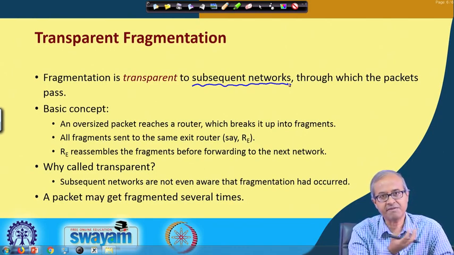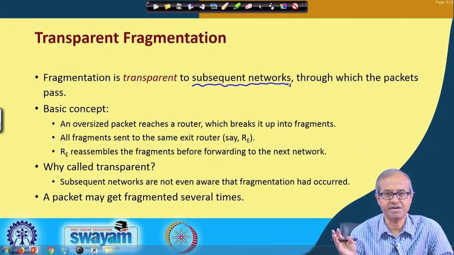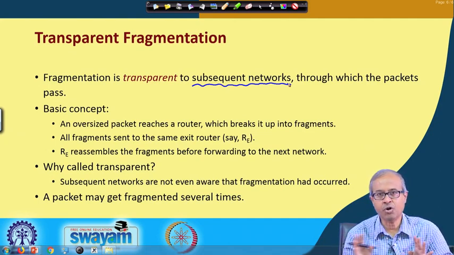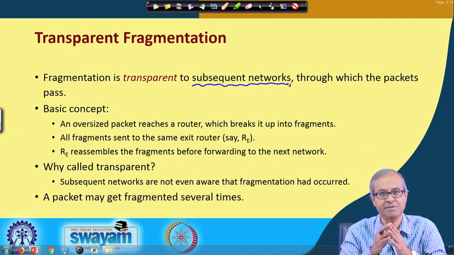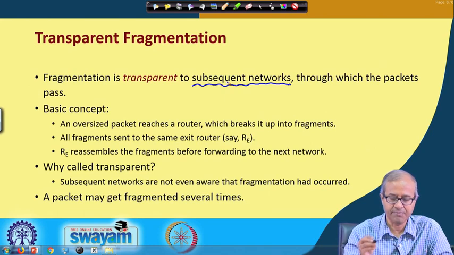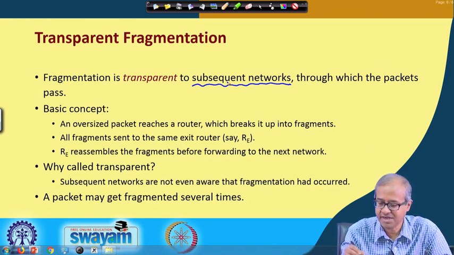Each of the fragments, when they come, are treated as independent IP packets and they are routed separately. So, these intermediate networks are not at all worried about the reassembly part, they are only doing the fragmentation. Okay.